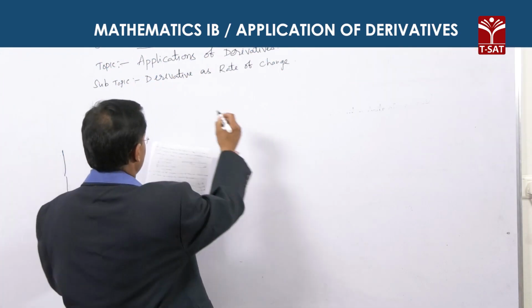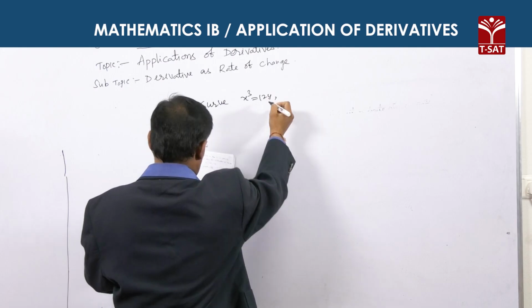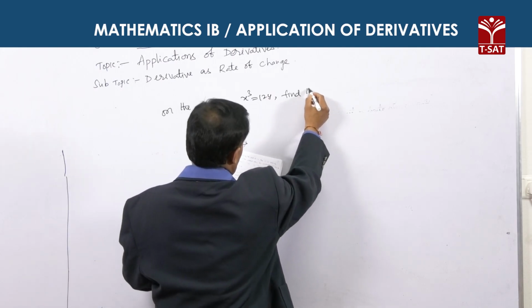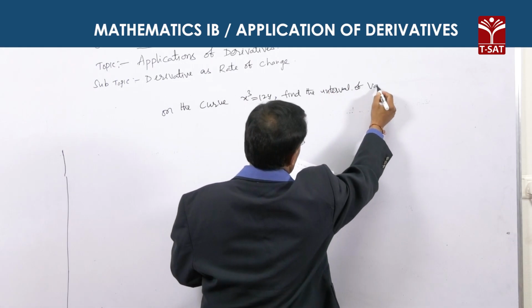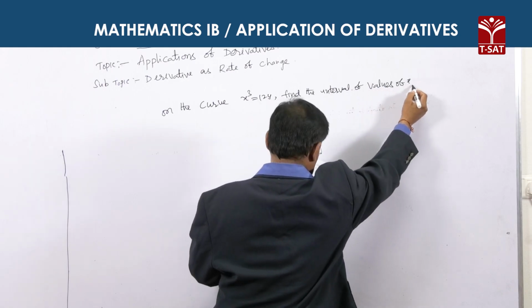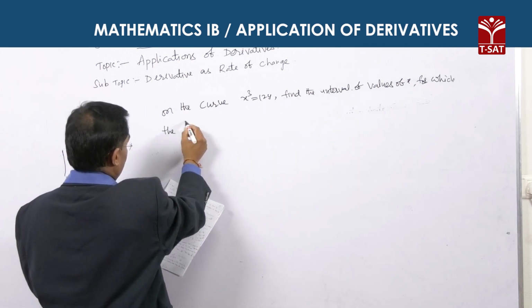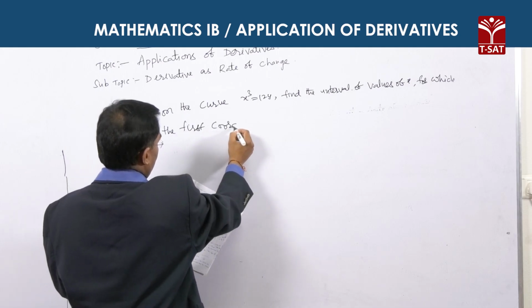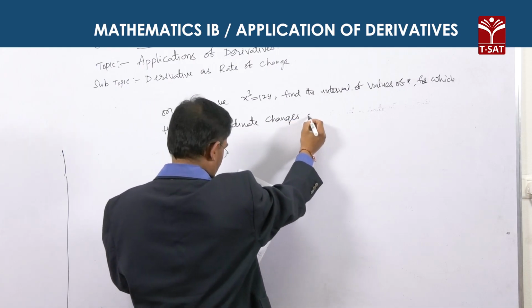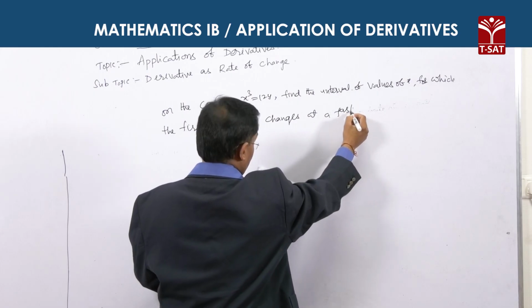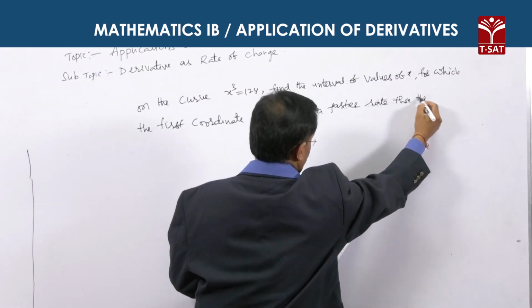Next question, students. On the curve x cube is equal to 12y, find the intervals of values of x for which the first coordinate, meaning the x coordinate, changes at a faster rate than the second coordinate.